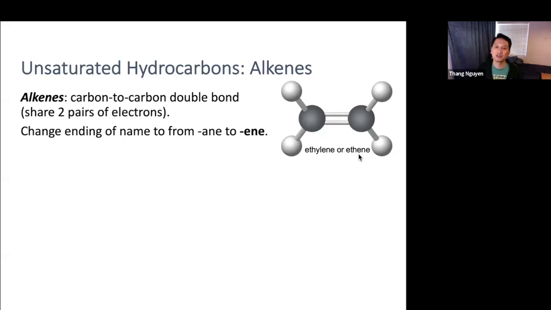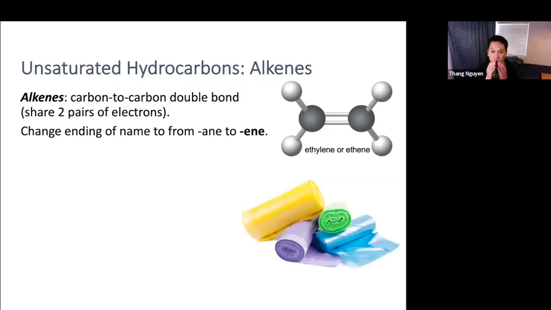That's the systematic way of naming it. But chemists also have a familiar, common way of naming it that's not systematic. So this one can also be called ethylene, but the ene is still in there to let you know that it is a double bond. So what is ethylene? We don't see it much, but it is the precursor, or the ingredient, to making plastics like this.